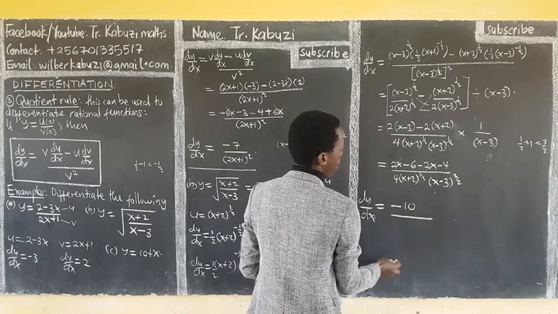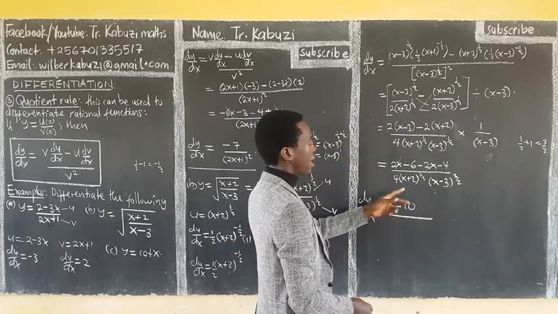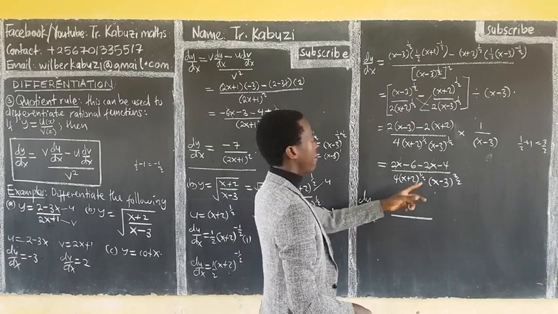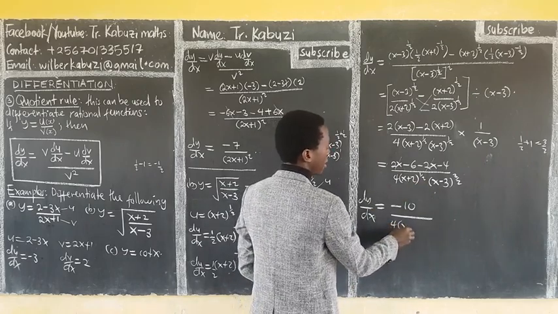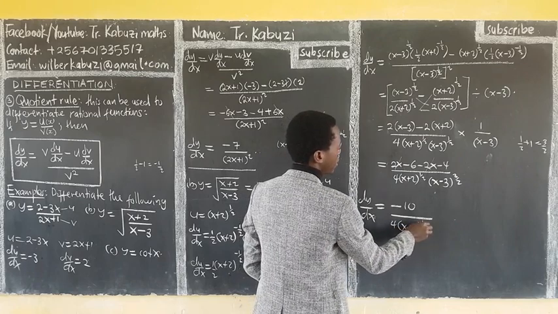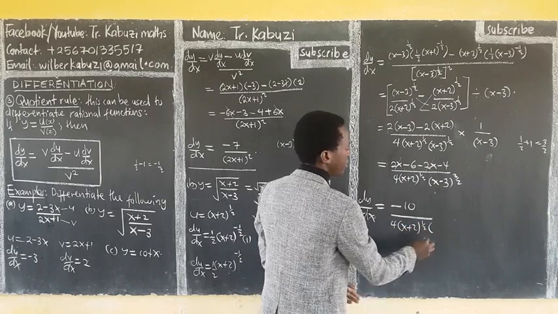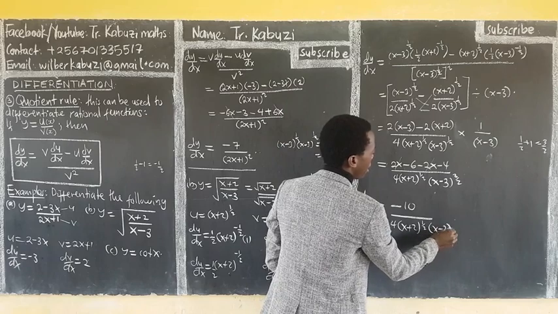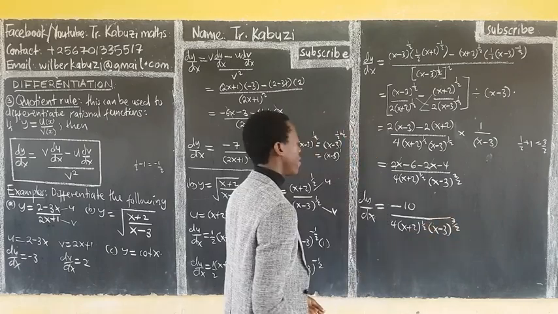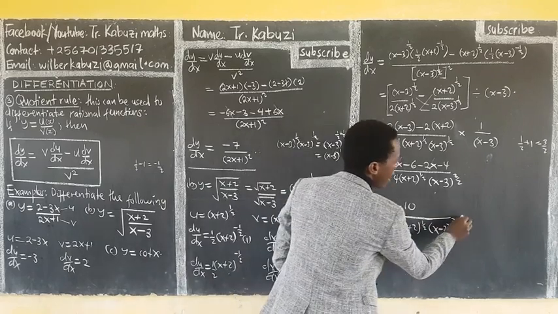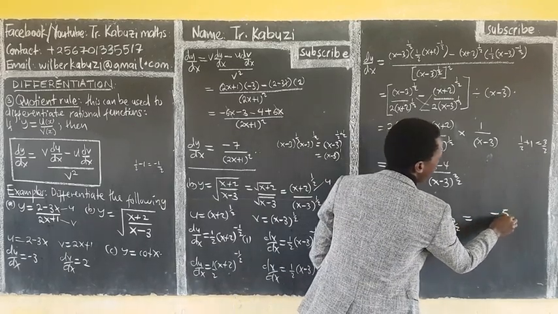Now all over, this is 4, which you can easily reduce from this. Anyway, you will reduce it in your free time, which is 4 times x plus 2 to the power a half into x minus 3 to the power 3 over 2. Now this will be 4. Divide by 2 there, you get negative 5.